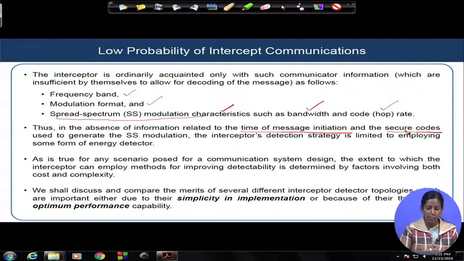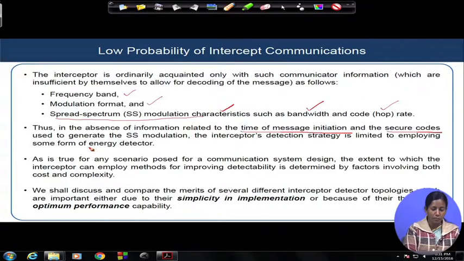So the interceptor's detection strategy is limited to detection of the energy of the transmitted signal, or I can say some form of energy detector will finally be a form of interceptor.